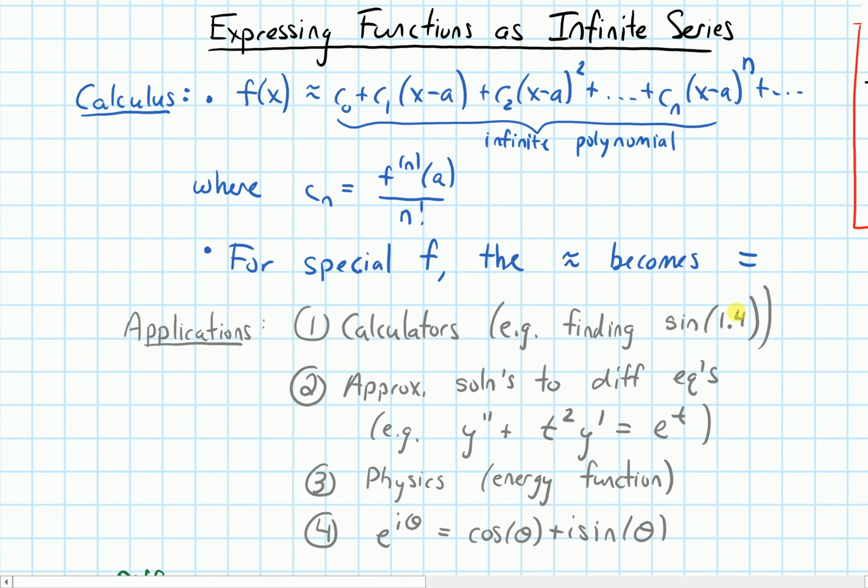So 1.4 is not a nice angle. Like we can't figure out what sine of 1.4 is in the same way we can figure out what sine of 30 degrees is or sine of pi over 4 is. A calculator actually determines something like this by using the Taylor series, this infinite polynomial for sine of x, and then using that to approximate what sine of 1.4 is.